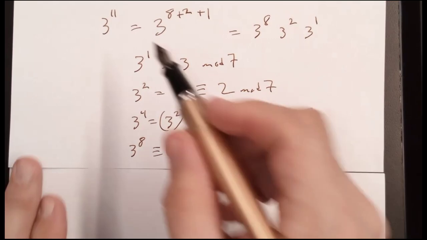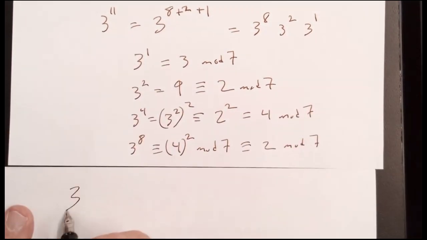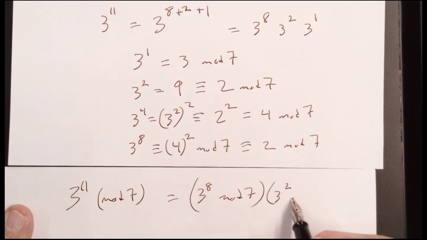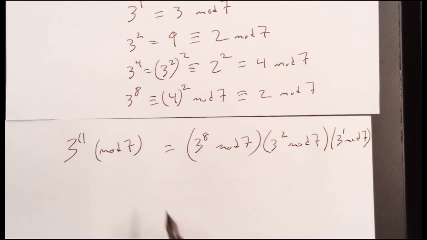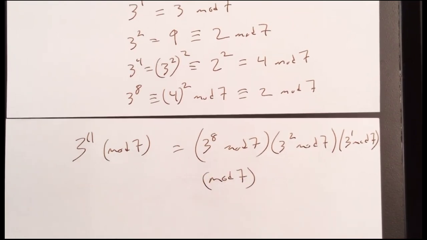Now I can do this calculation right here. And if I do it mod 7, that's the same as doing 3 to the 8th mod 7 times 3 squared mod 7 times 3 to the 1st mod 7, and then doing mod 7 on the answer.